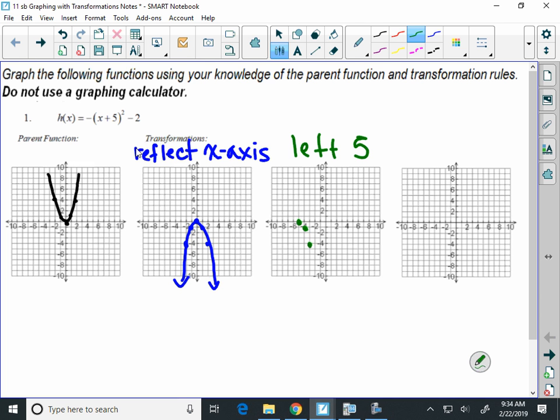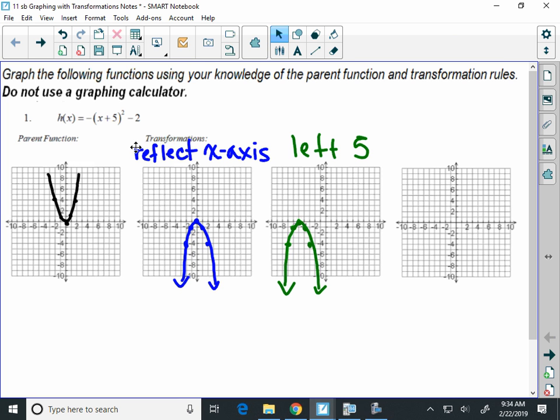Negative 1, negative 1 becomes negative 6, negative 1. And negative 2, negative 4 becomes negative 7, negative 4. And there's our second transformation.